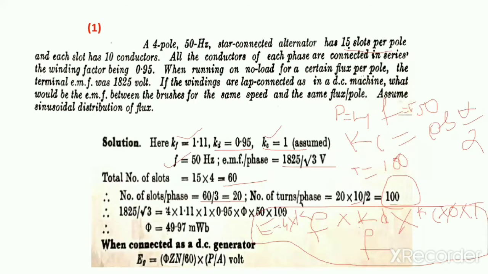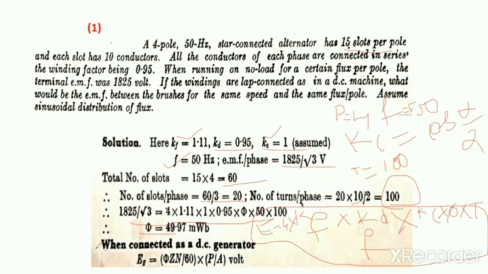In this equation, the unknown term is phi. Therefore, phi is equal to 49.97 milliwebers.